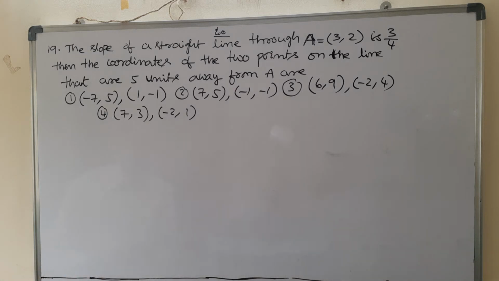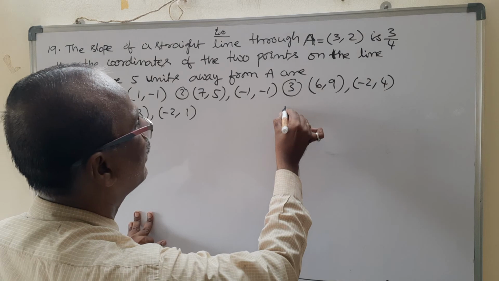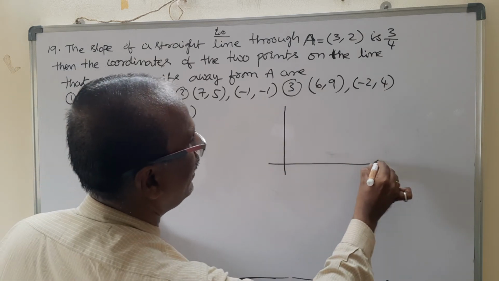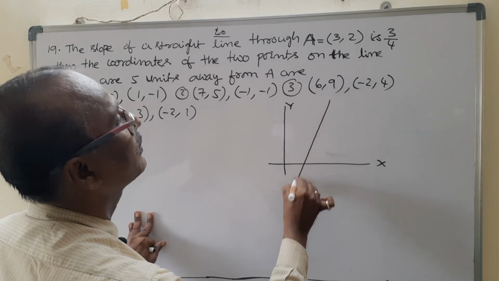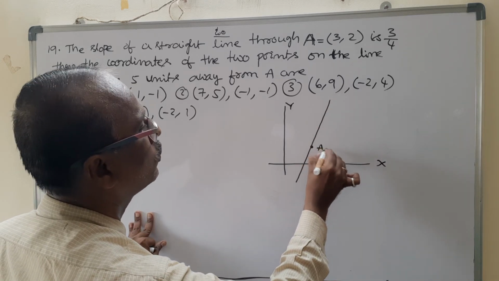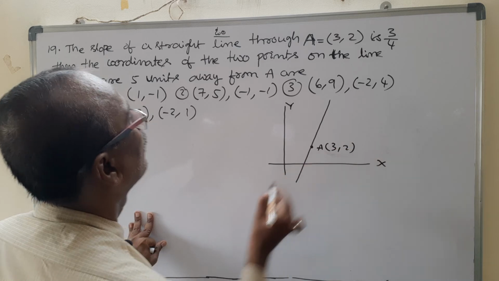Here in this question, observe the diagram: x-axis, y-axis, this is the line A passing through 3 comma 2.